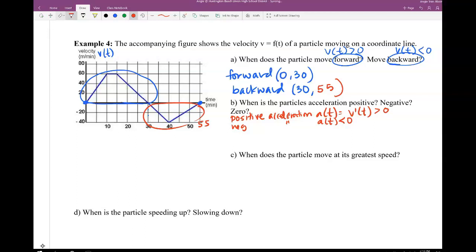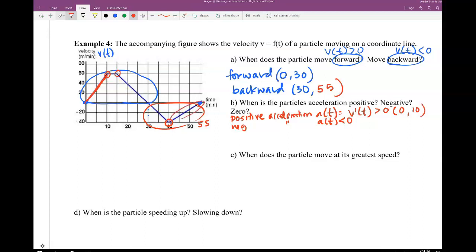So let's look at the positive. So this is v of t. So if I take the derivative of v of t, that will give me acceleration, a of t. So from here to here, it looks like that is a positive, right? These are the undefined spots. Would you agree? Okay. So I have a positive slope from 0, so positive from 0 all the way to 10. Is that the only one that's positive? How about here?